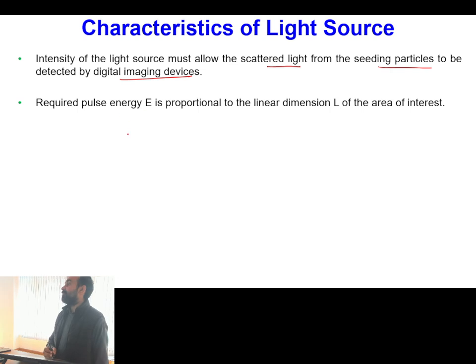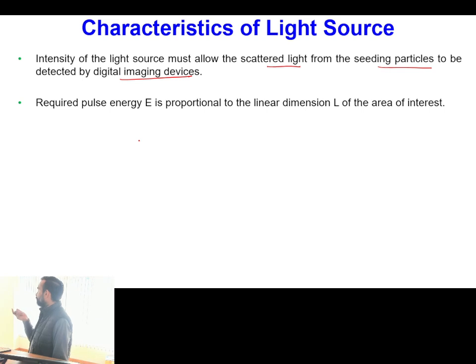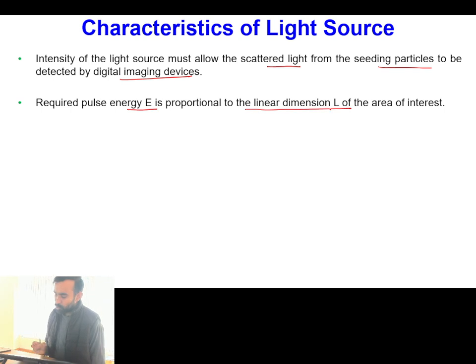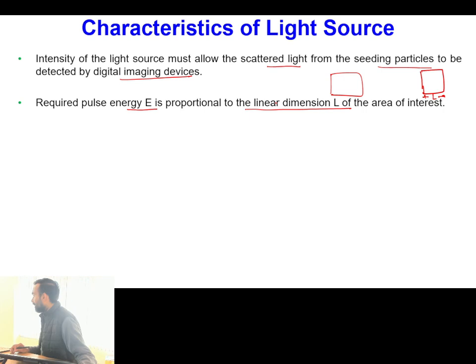There should also be some estimate of the energy of the laser you are using. So typically the required pulse energy E is proportional to the linear dimension of the area of interest. So area of interest means how much area you actually want to capture. So depending upon its length, if you have a large length, then the energy will increase linearly with the length.